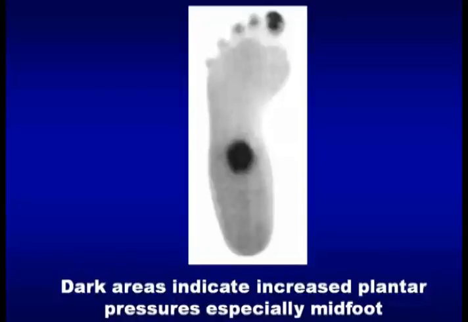And remember, 70% of all neuropathic ulcers occur on the forefoot, either under the metatarsal heads, tips of toes, or bunions. But if you find an ulcer on the midfoot, you should be almost sure that you are dealing with a Charcot foot.